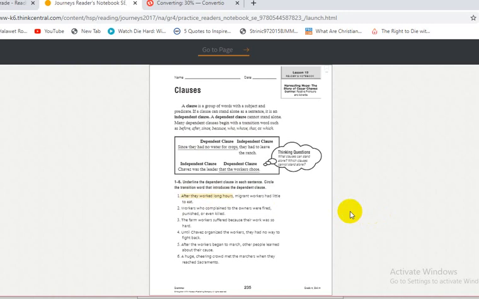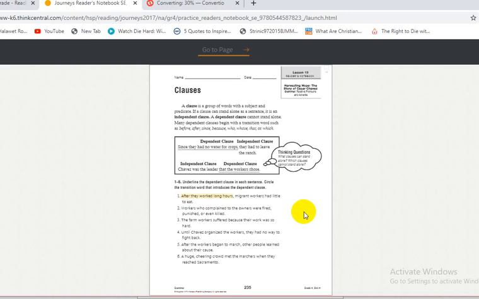Okay, number 2 we have workers who complained to the owners were fired, punished, or even killed. Okay, so here, what is our independent clause, the one that can stand by itself?